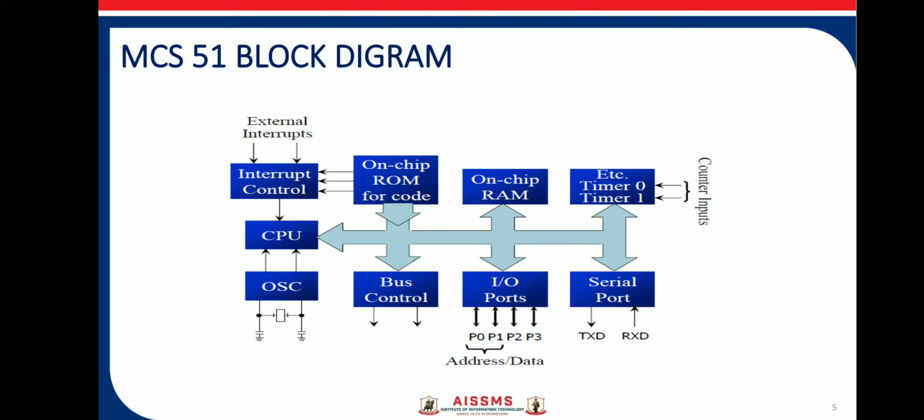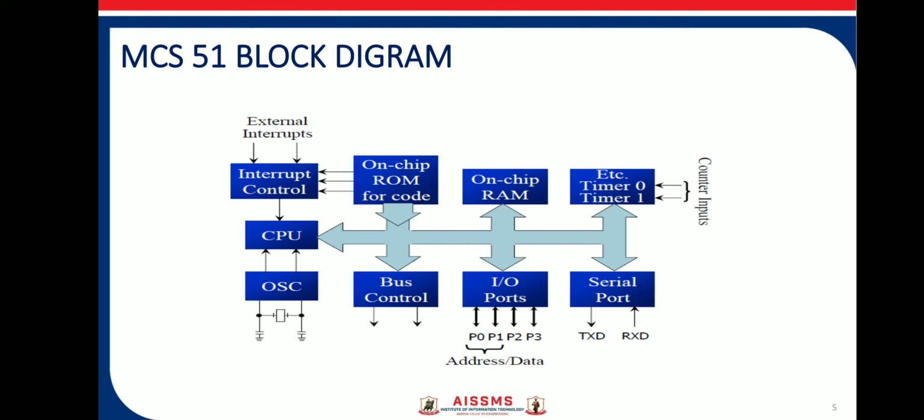This is a basic block diagram of the 8051 controller. Interrupt controller, then the on-chip ROM for code memory, then on-chip RAM, then timer 0 and timer 1. The CPU works on the oscillator frequency, so a crystal oscillator is connected to the CPU.